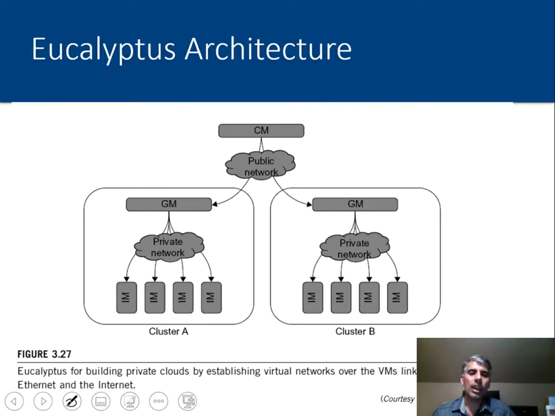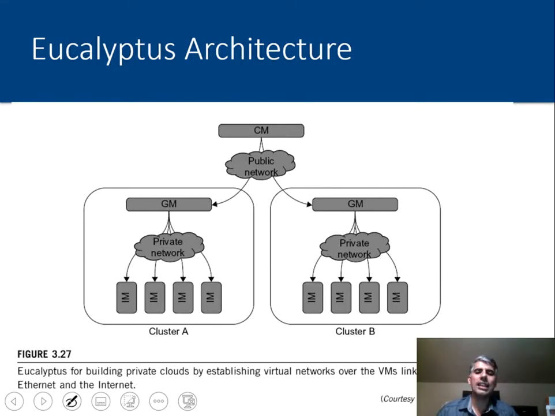All right, in a schematic view, we can imagine Eucalyptus as something like this: let's say we have two clusters, cluster A and cluster B, and then we have multiple nodes, multiple machines on each cluster. Each cluster has an instance manager. Basically, it has its own hypervisor and virtual machines.